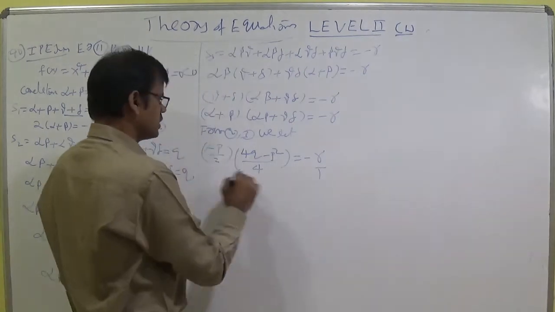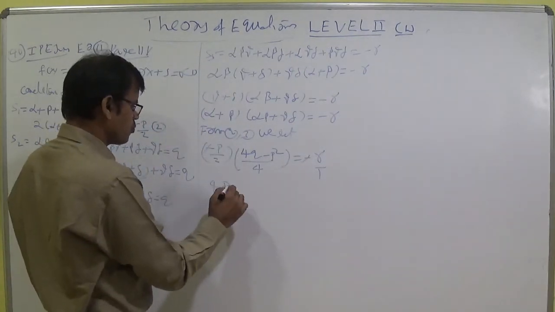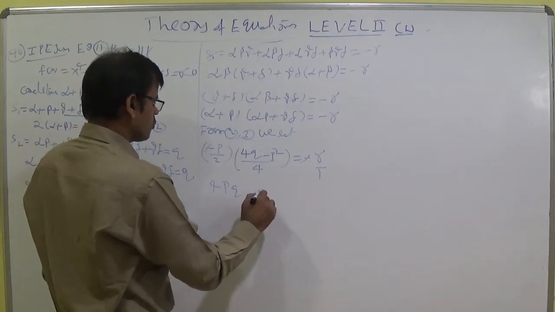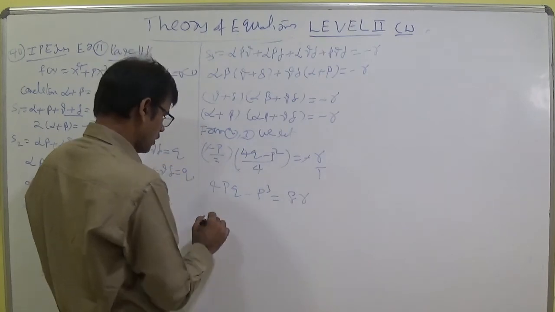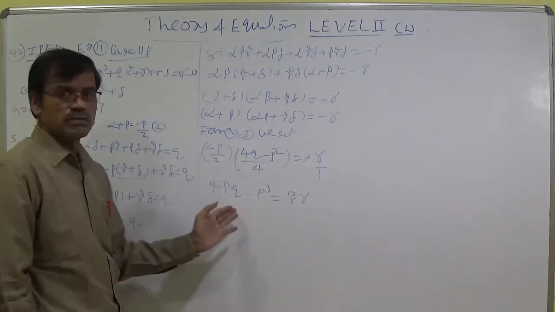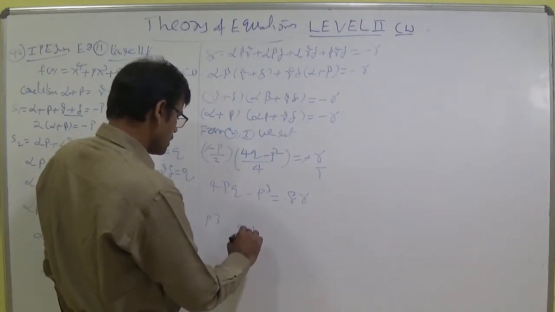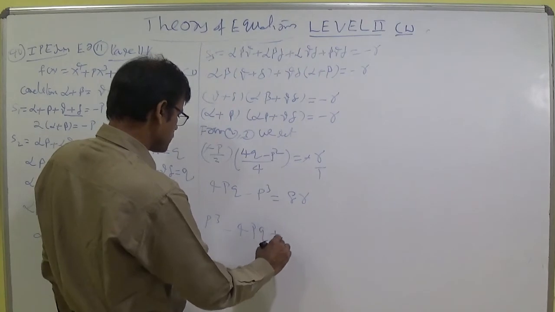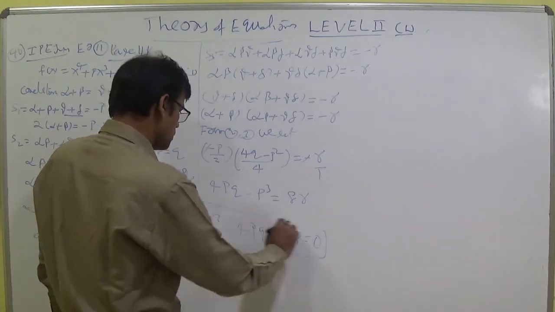Both sides minus get cancelled and you can write here 4pq minus p cube is equal to 8r. This p cube taken that side, it becomes plus: p cube minus 4pq plus 8r is equal to 0. This is the IPE sum.